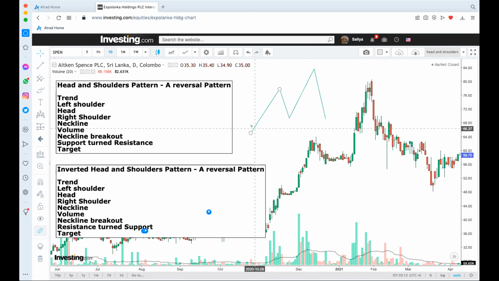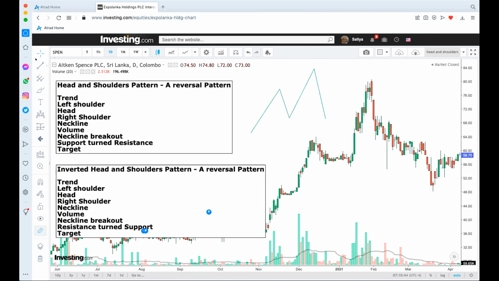Once you train yourself to identify these rallies and pullbacks, and then the troughs like this, right? Especially when the stock is trending up very aggressively, you need to understand where this rally is after this pullback. This is the first high, then you have a higher high, thereafter you see a pullback.